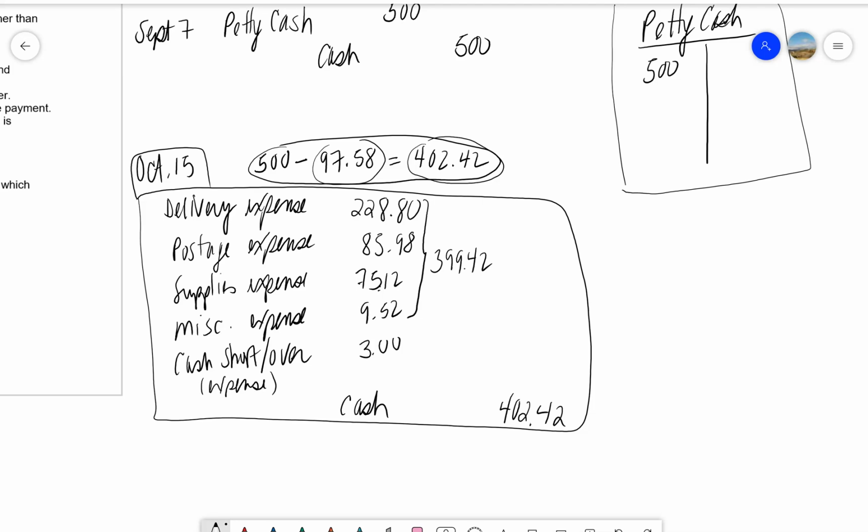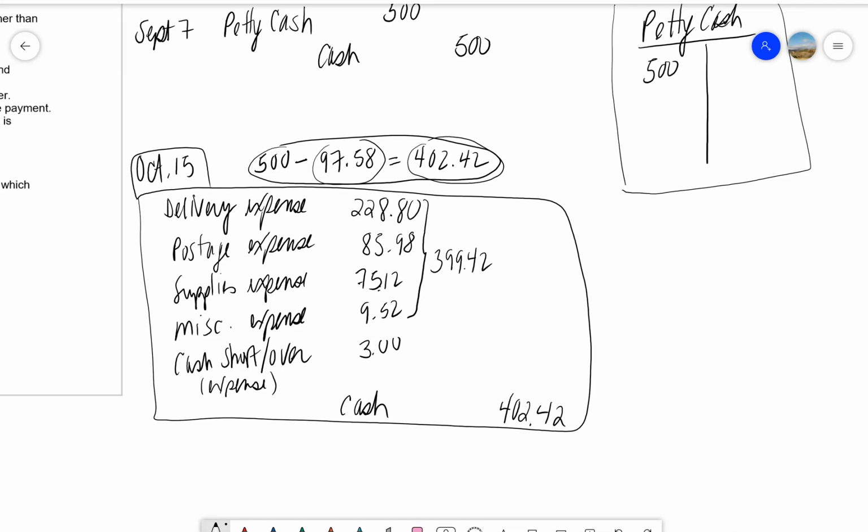And so the company's going to keep track of all these errors, and if it's a small amount, then they probably just write it off to simple human error. But if it's a large amount in cash short over, then maybe there's some fraud happening, and then they'll investigate a little bit further. But cash short over, once again, will usually just be added to miscellaneous expense. You're not going to see a separate expense item called cash short over on your income statement.